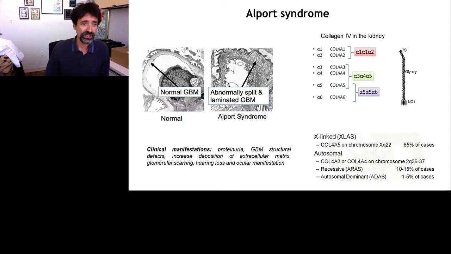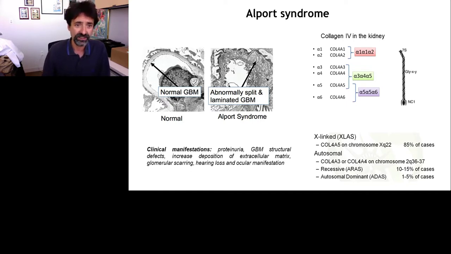So this condition is characterized by abnormalities in the glomerular basement membrane and manifests clinically by the presence of proteinuria, or protein loss in the urine, and the presence of glomerular scarring and hearing loss and ocular manifestation, because the same collagens that are present in the GBM that are abnormal in this disease are present also in the ear and in the eye.